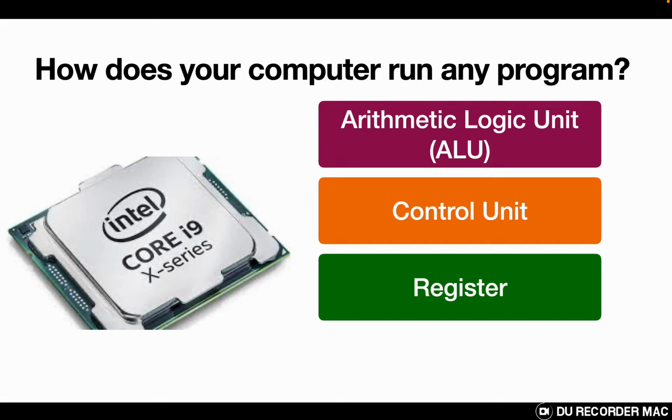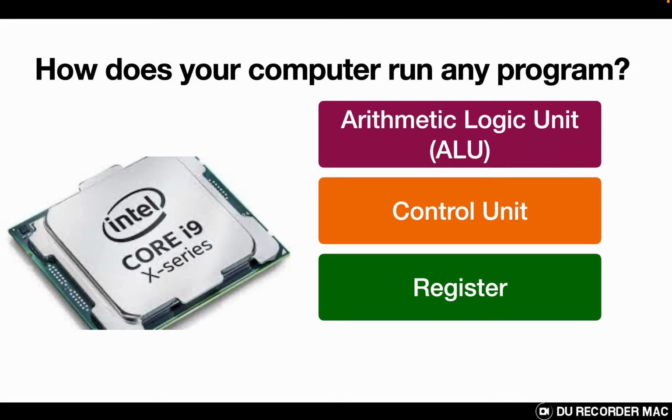So you can imagine a register as the working table of a chef. The things that the chef needs should come onto this table, and ingredients that come from, for example, the refrigerator, which can be considered as RAM, should come to the table, and then processing happens.